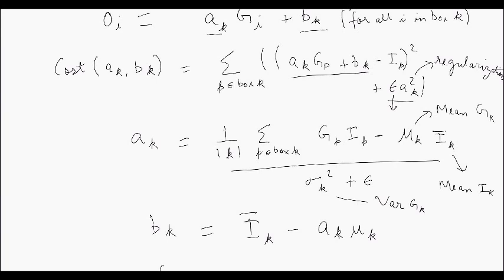The constant A is calculated by multiplying each pixel within the box K of the guidance image and the input image, and then subtracting the product of the means of the guidance image for the box K and the input image for box K, summing them up and dividing the whole thing by the variance of the guidance image for the box K plus epsilon, which is our parameter chosen for regularization.